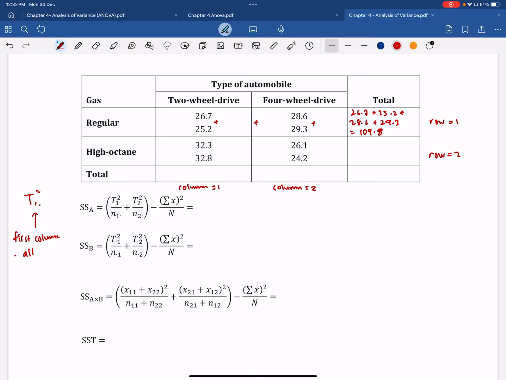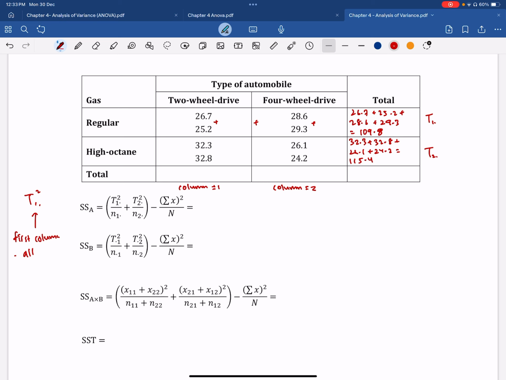Meanwhile, for row number 2, total T2 dot, this is 0.3 plus 0.8 plus 26.1 plus 24.2. You will get the answer 115.4.